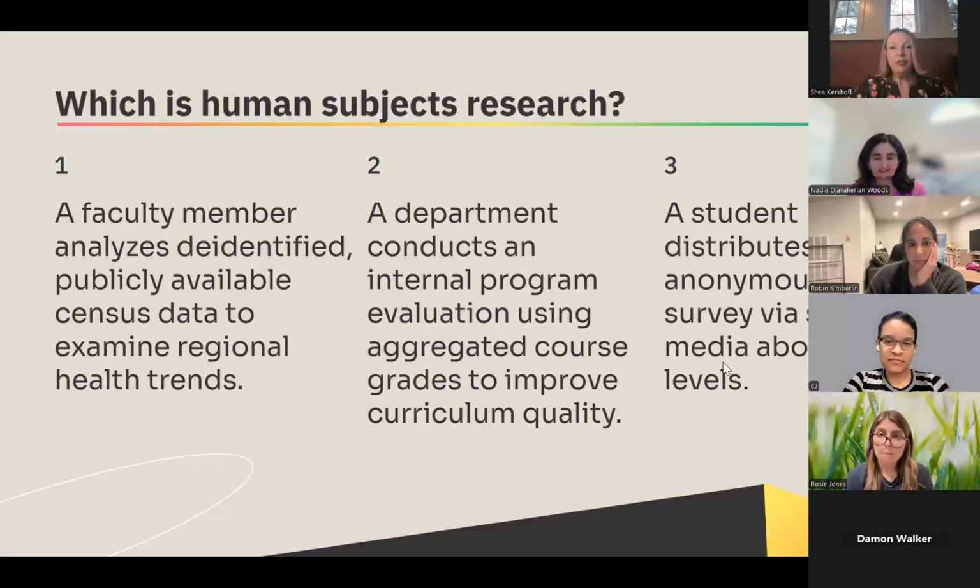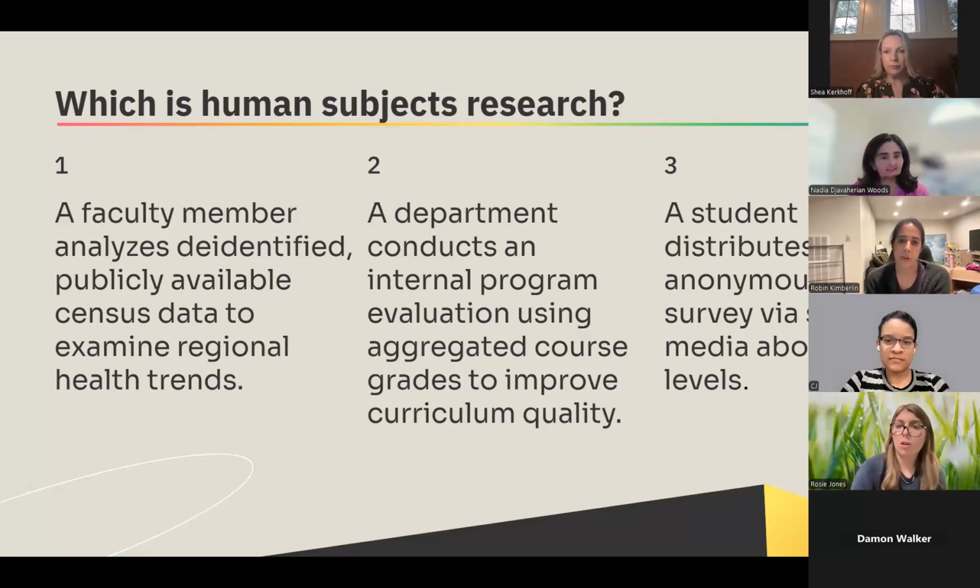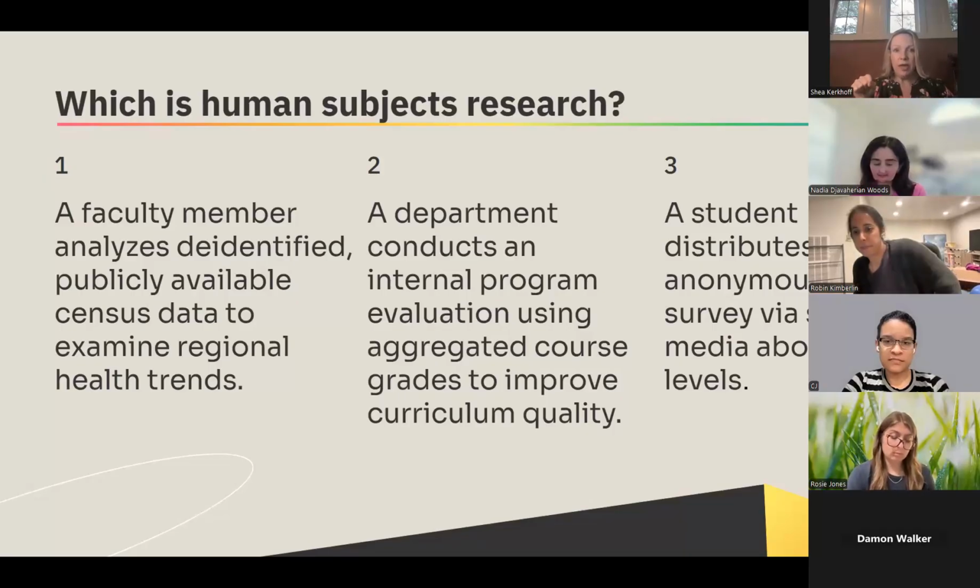So what makes that one different than number one? What's the difference between 3 that makes it research? You're soliciting information from humans, not looking at, I guess, data that's already out there. Right. So that interaction happens at the recruitment stage because you are reaching out to them. And also, even though it's anonymous, that doesn't mean that there wouldn't be enough identifiers to tell who the person is.